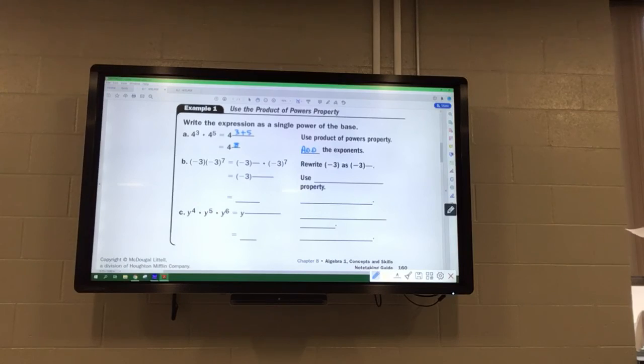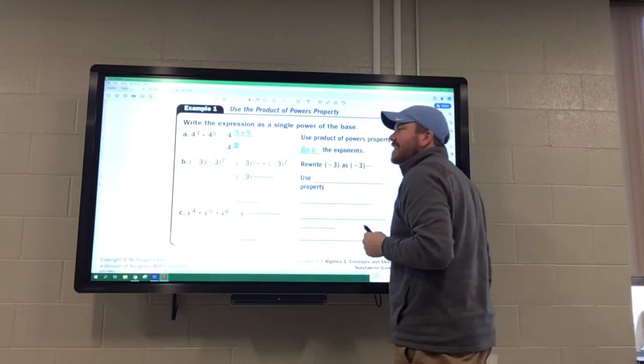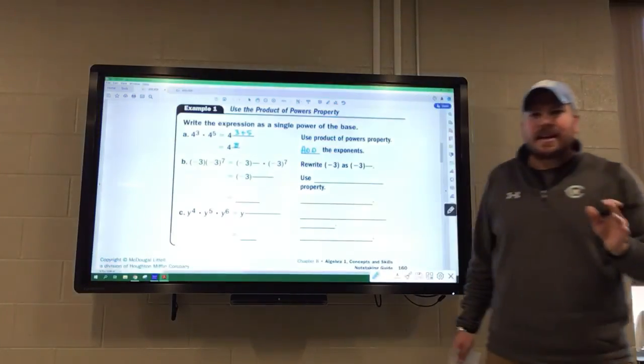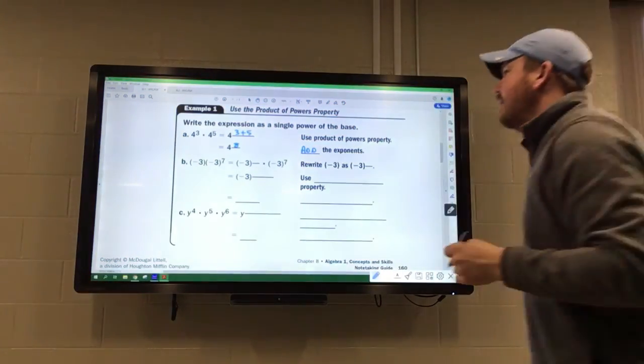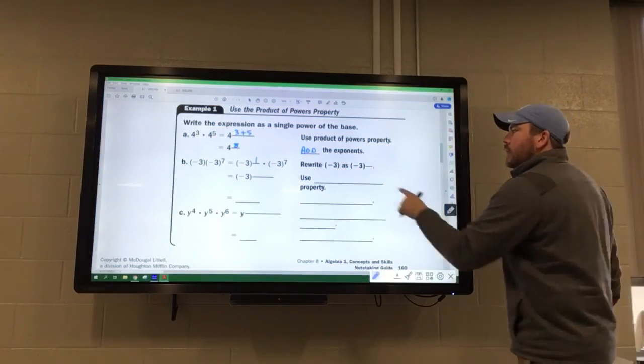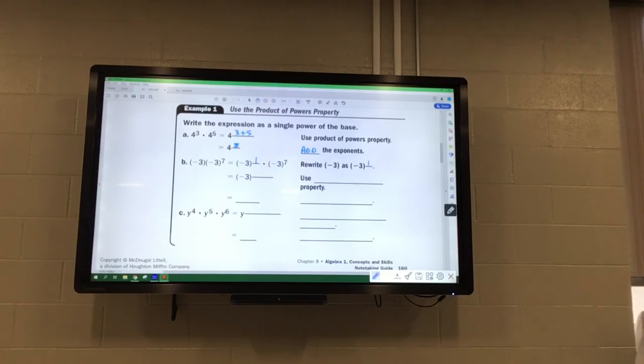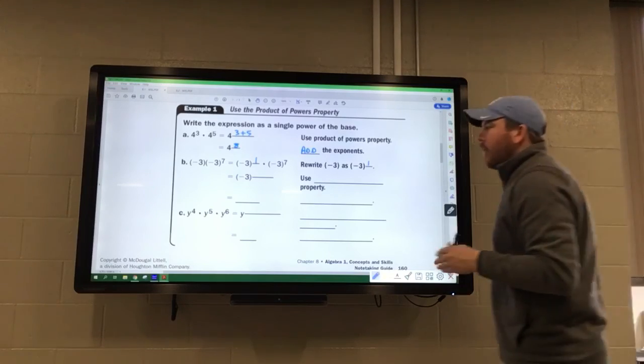For example 2, we have negative 3 times negative 3 to the 7th power. Now here's the thing: if we just have negative 3 like that, it's actually negative 3 to the first power. So we rewrote that negative 3 as negative 3 to the first power. Now we're multiplying two powers with the same base.